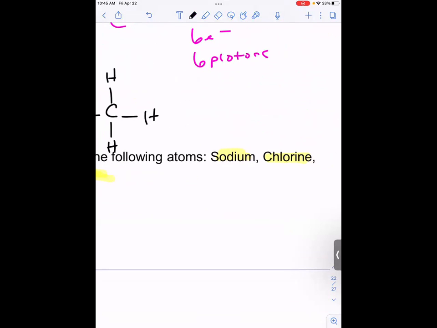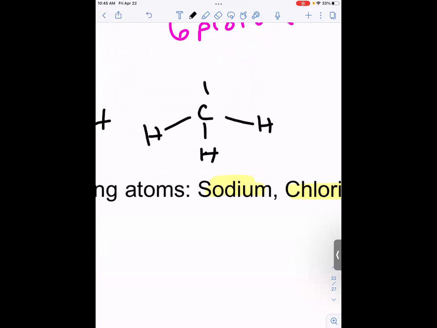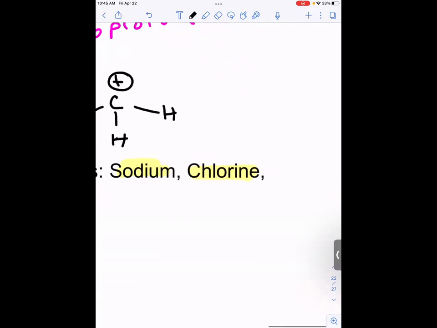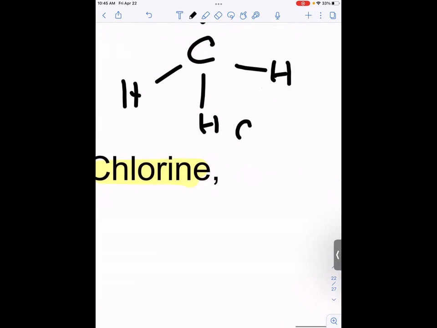If it's positive, it'll have 3 bonds to it with a plus charge. If it's negative, it'll have 3 bonds to it with a pair of electrons. This is what we call a carbanion.